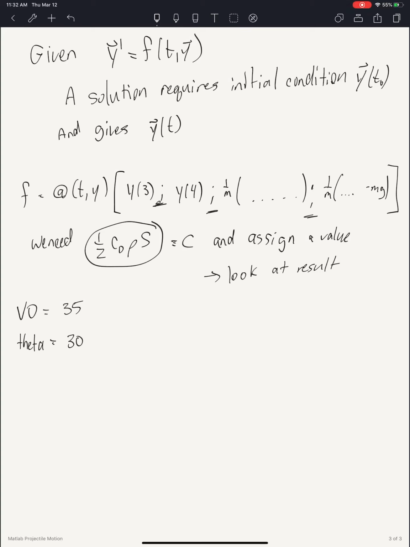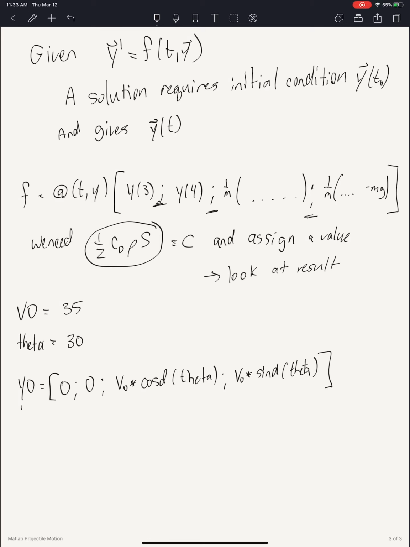And then I will say that y naught is therefore 0 for x, 0 for y, v naught times cosine theta for the x component, and v naught times sine theta for the y component.